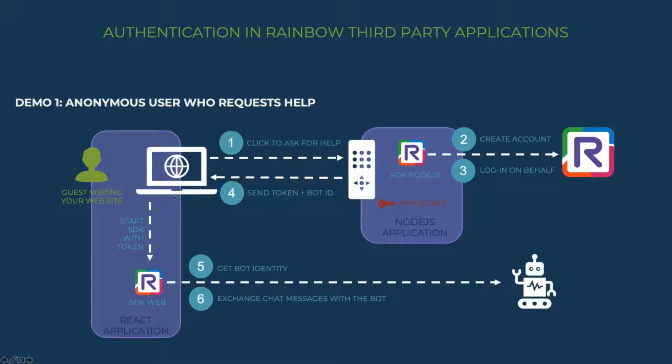And the application will in fact use this token to connect to Rainbow, retrieve the bot identity, and then exchange messages with the bot. Additionally, we will put in place a Node.js backend application to keep the application secret safe and not send it to the front-end application. So this demo will illustrate all these points, from the first interaction of the user to the message exchange with the bot.